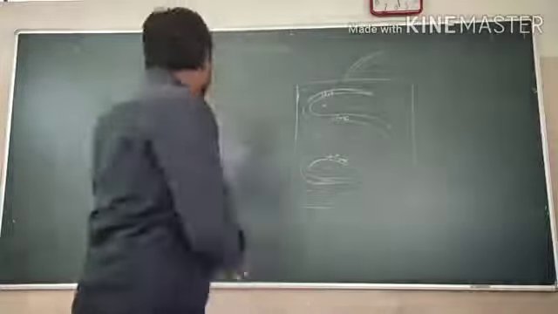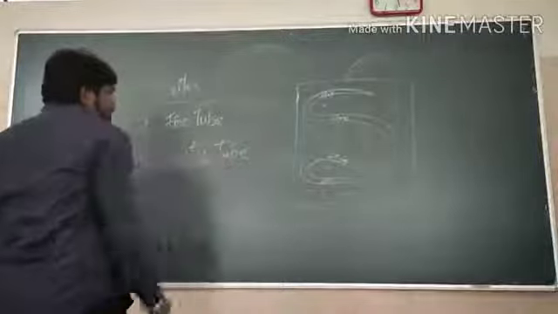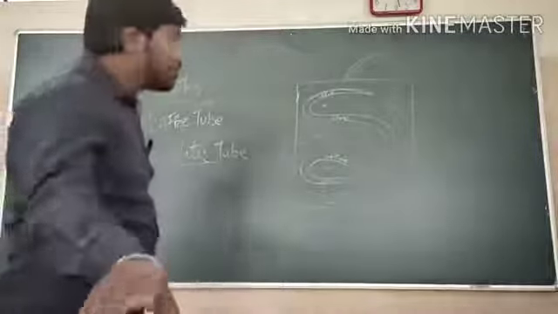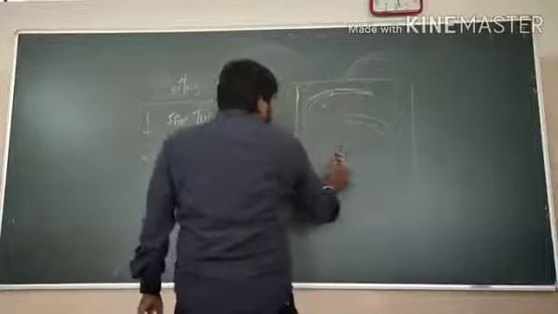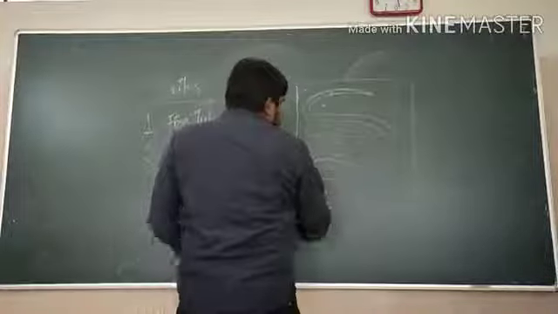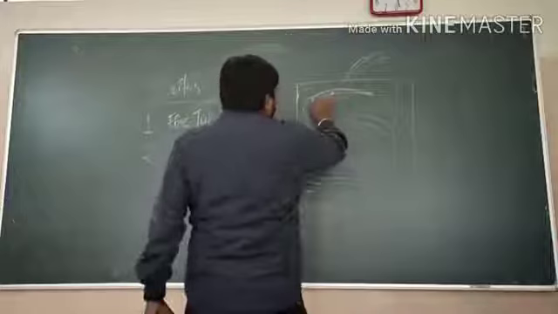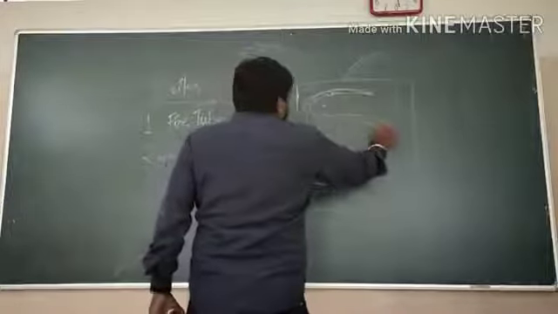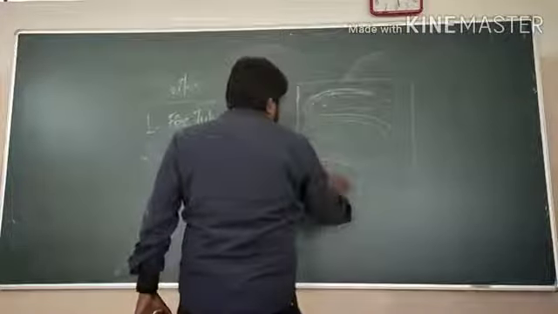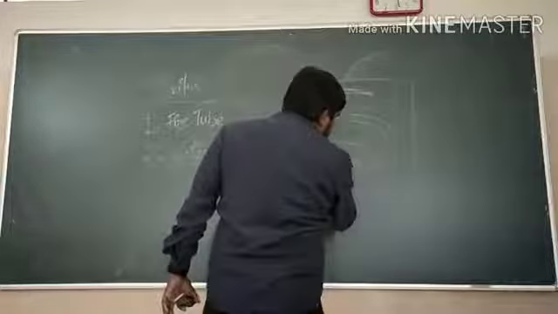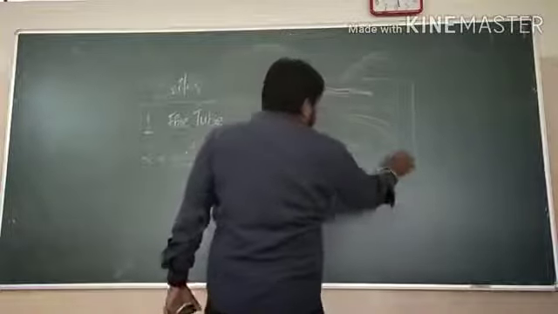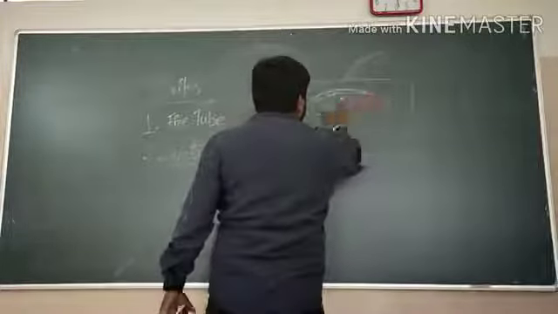Now the second one is the water tube boiler. As the name suggests, it is a water tube. So I just reverse this. Inside the steel tube, there is water, and outside there is completely fire.